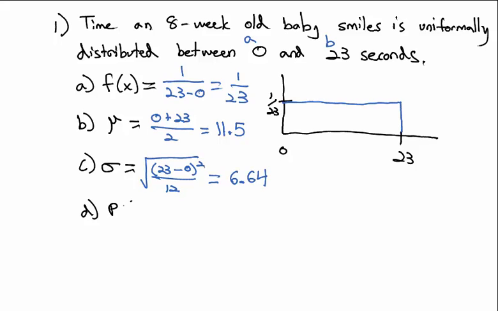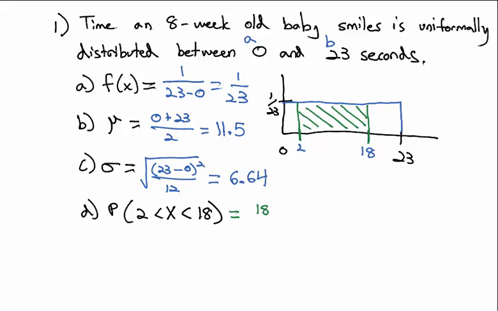Let's find the probability that the baby smiles between 2 and 18 seconds. Actually, let's make this a different color. So we want the area between 2 and 18. Well, it's a simple rectangle. It's base times height. The base is between 18 and 2. 18 minus 2 is 16.